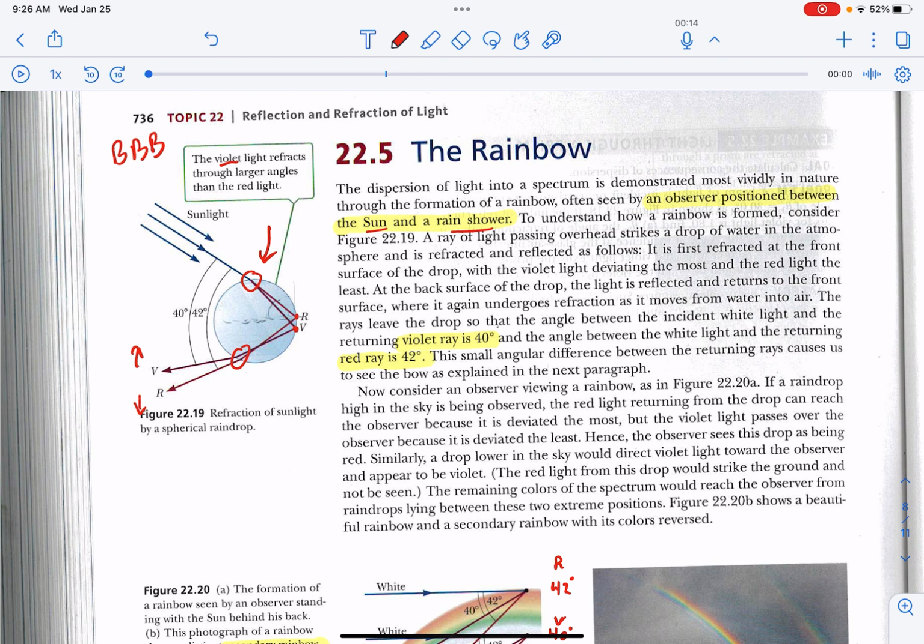That angle is 40 degrees for the violet and 42 for the red.